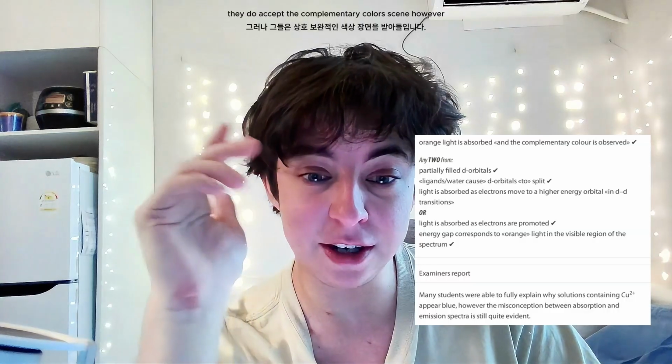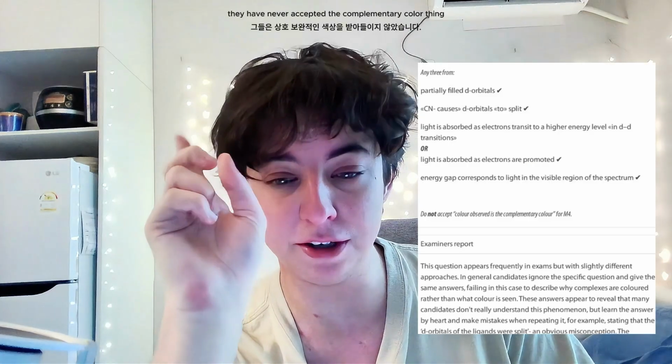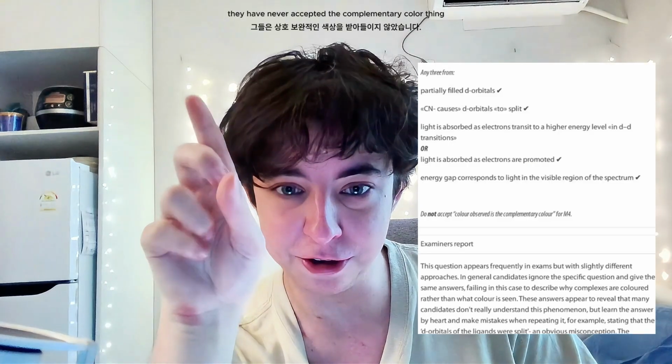I double checked some of the old questions, and whenever they're asked specifically about why a complex is a specific color, they do accept the complementary color is seen. However, whenever they're asking about why complexes are generally colored, they have never accepted the complementary color. I just never noticed that until this exam.